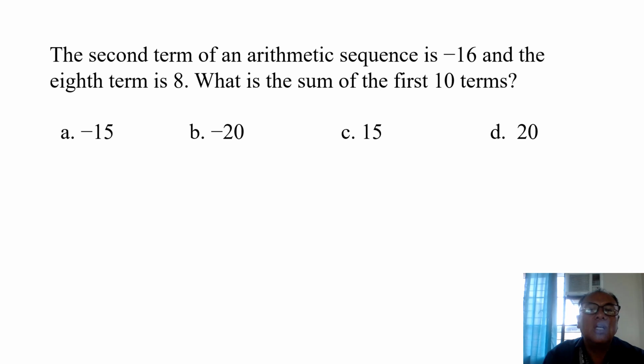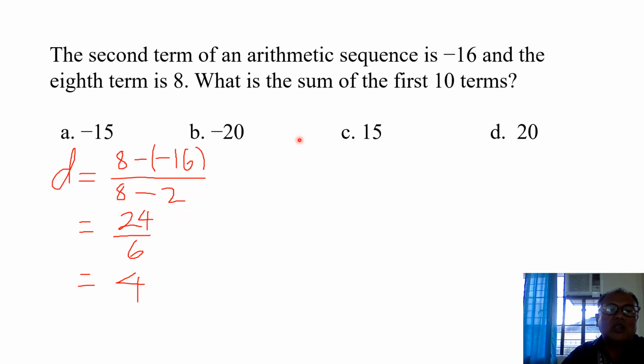Next problem. The second term of an arithmetic sequence is negative 16 and the eighth term is negative 8. What is the sum of the first 10 terms? Okay, so again, we're going to solve for d using the given.